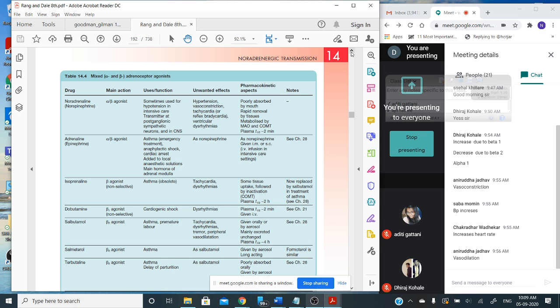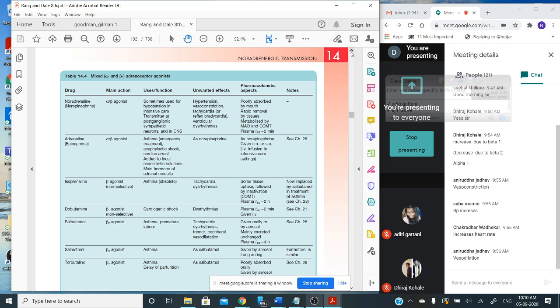Actually, there is nothing like a physiological antagonist, but histamine is also an agonist, and adrenaline has exactly the opposite action to histamine. Histamine causes bronchoconstriction and vasodilation. Adrenaline causes vasoconstriction and bronchodilation. Therefore, when there is too much histamine release, we use an agent having the opposite action. This is also given by the parenteral route only.